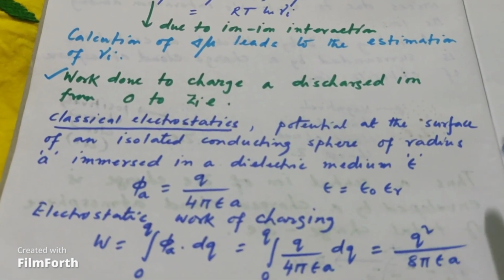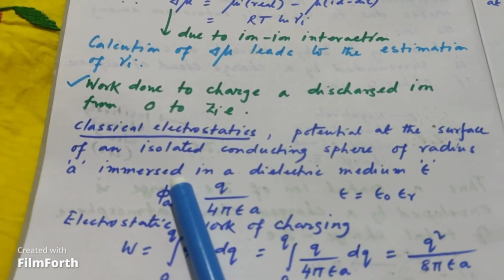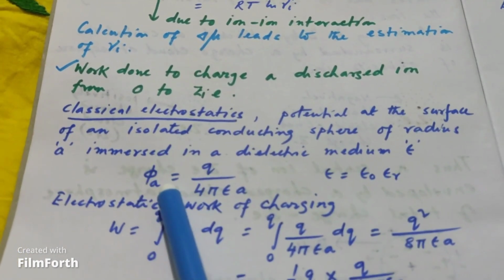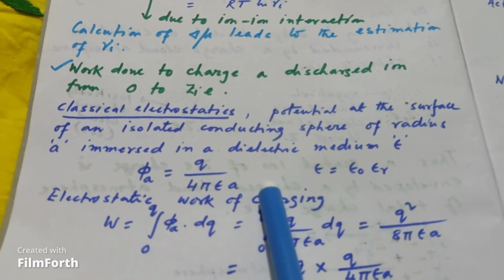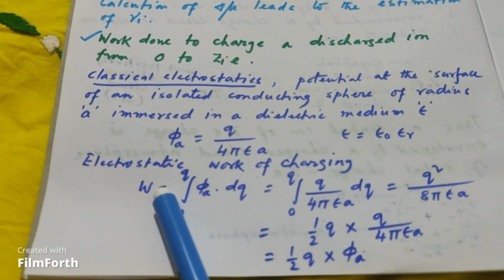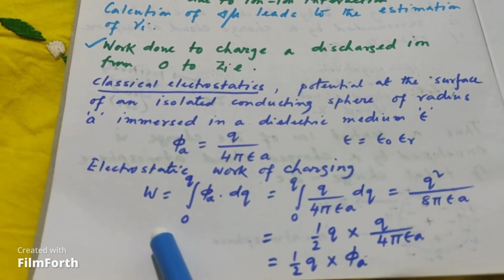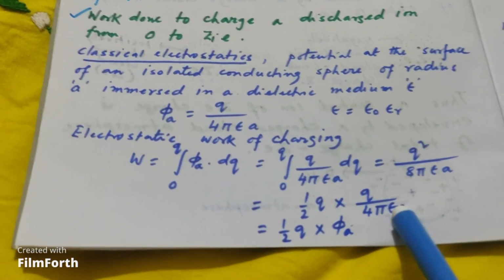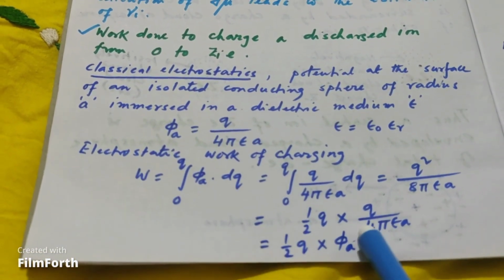According to classical electrostatics, the potential at the surface, phi_a, is equal to q by 4 pi epsilon a. Now if we want to charge the sphere, the work done is phi_a dq integrated from 0 to q, which leads to half q times phi_a, where q is the charge and phi_a is the electrostatic potential.